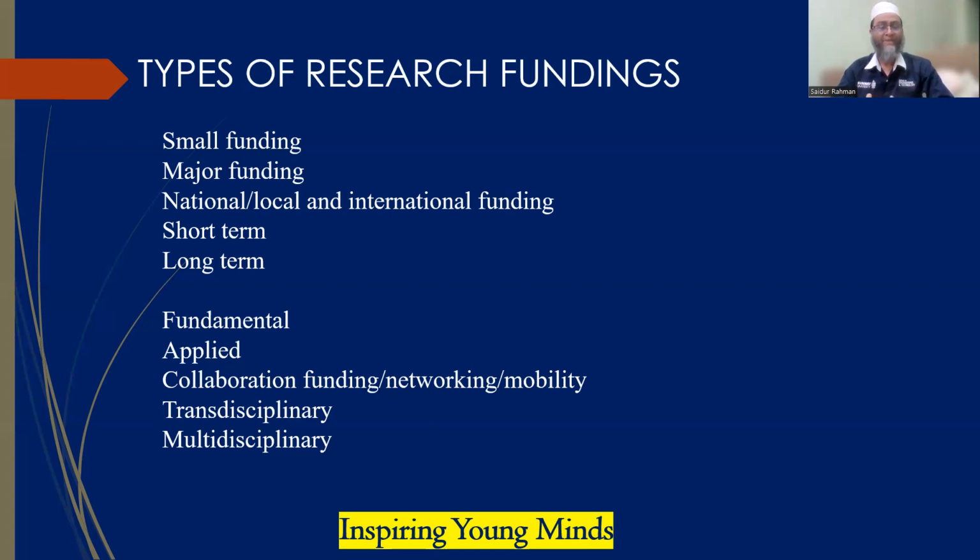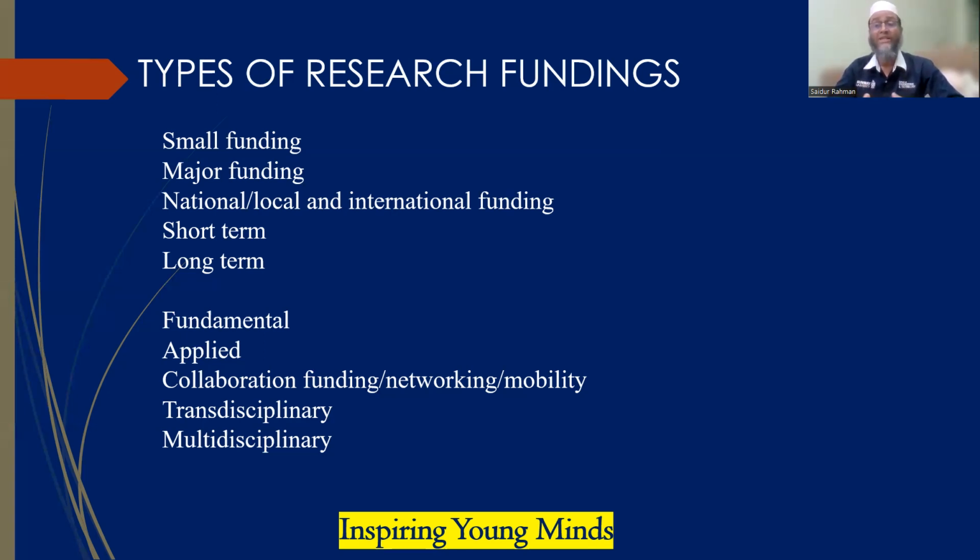Funding also can be fundamental, applied, transdisciplinary, multidisciplinary. Again, different funding agencies have different purposes, and types also will be different. So again, we need to know the types of funding, whether this is fundamental, basic knowledge, or applied, or only for the purpose of collaboration, networking, mobility. So in that case, maybe experimental activities will not be much.